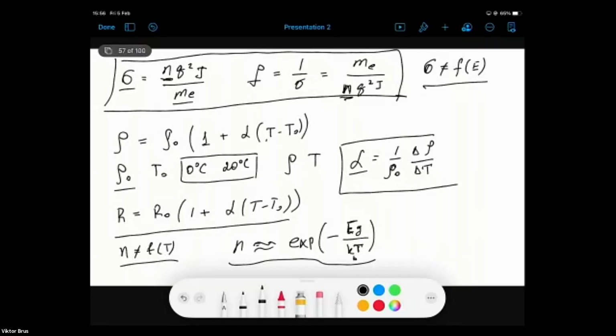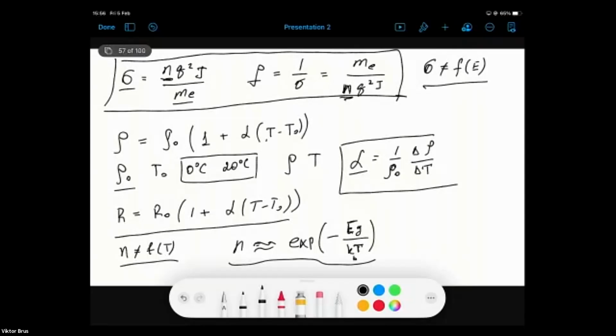Okay, so that's pretty much everything I wanted to tell you. For instance, a practical application, just for fun: you can calculate the temperature of the filament, like a tungsten filament in an electric bulb.